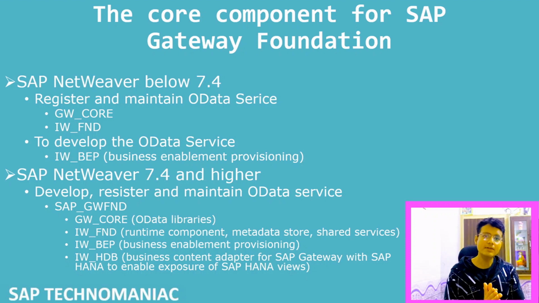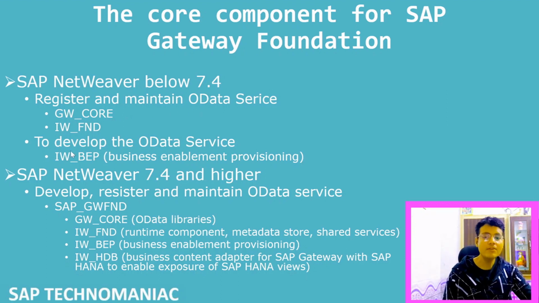These four components depend on where you can develop your service, where you can expose and maintain your service, or where you can see the logs and other things. If the two components GW_CORE and IW_FND are installed in your system, then you can register and maintain OData services in that system.